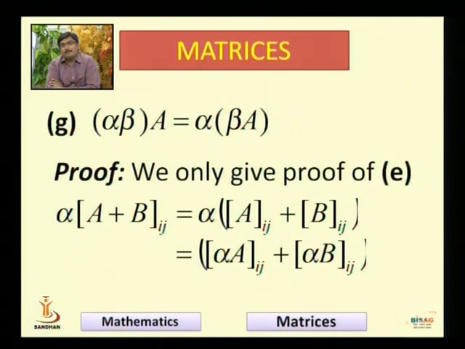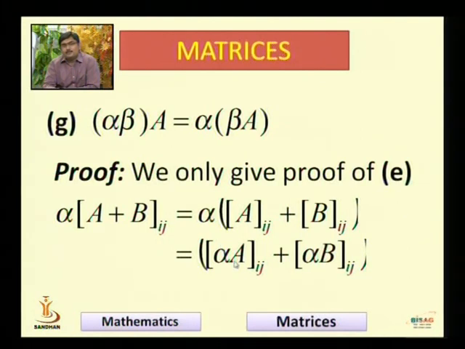Now, by the very basic definition of A plus B, it is equal to the corresponding ijth entries of matrix A and matrix B. So, I have over here alpha A ij plus alpha B ij. Now, see, this is how scalar multiplication is defined.